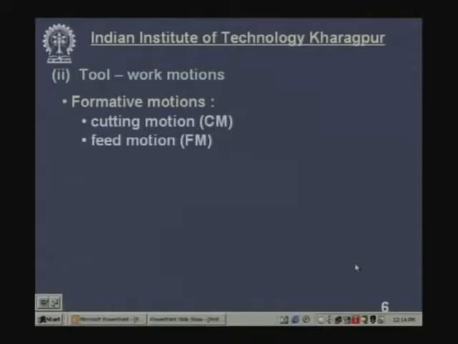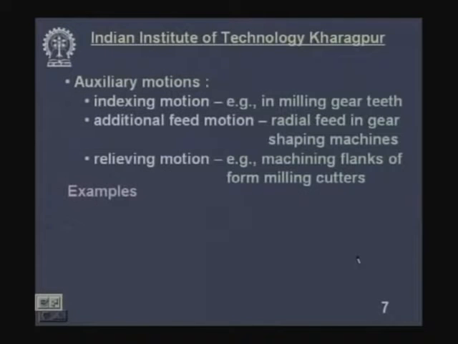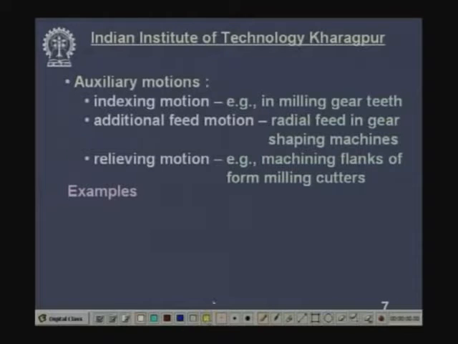Next is auxiliary motions, another set of motions which may not be compulsory, but may be required sometimes. For example, indexing motion, for example, in milling gear teeth. So, this is say a gear blank. You take a gear blank, a cylinder, and now you cut a tooth gap like this with the help of a milling cutter.